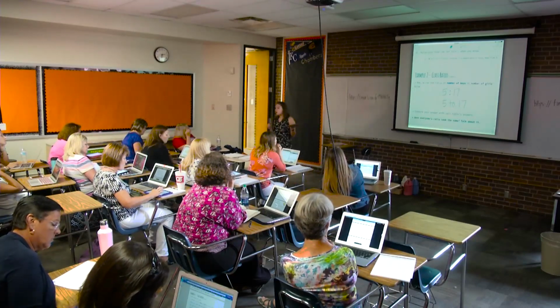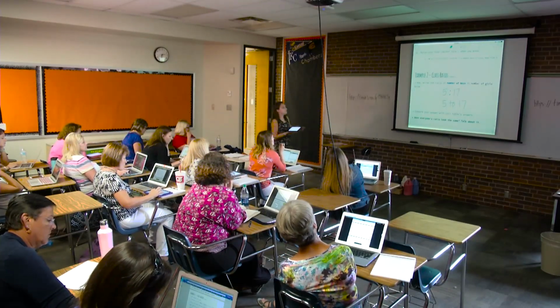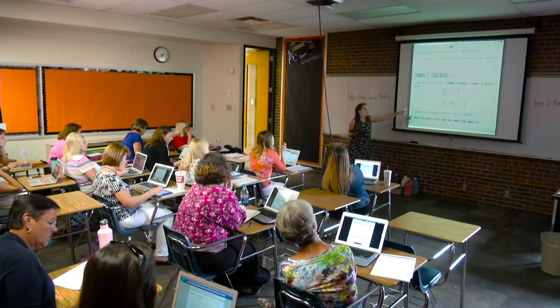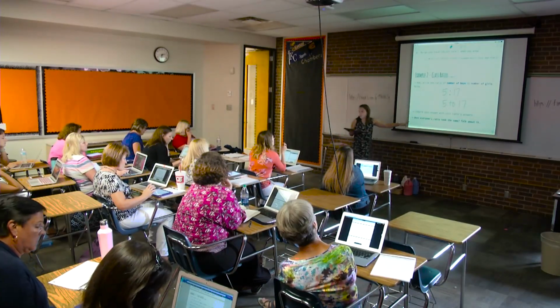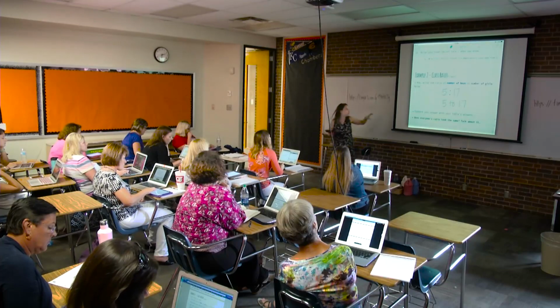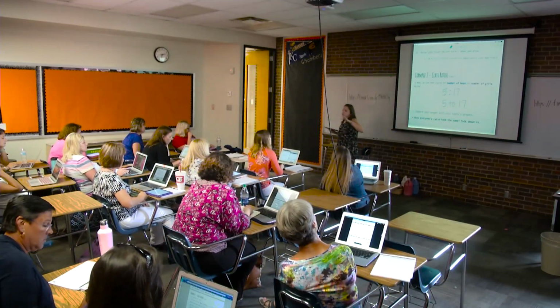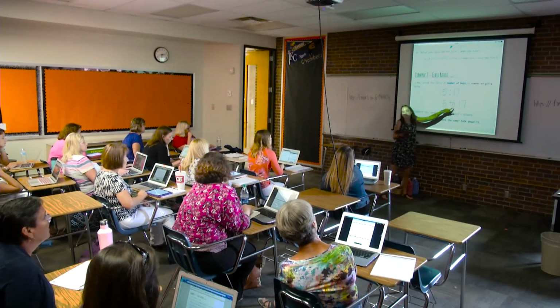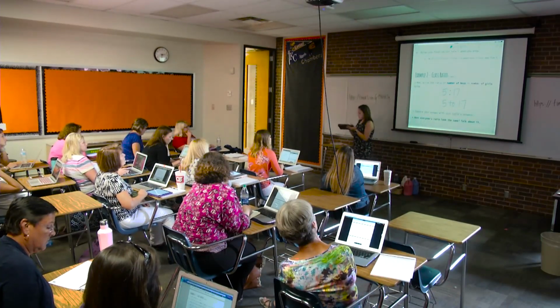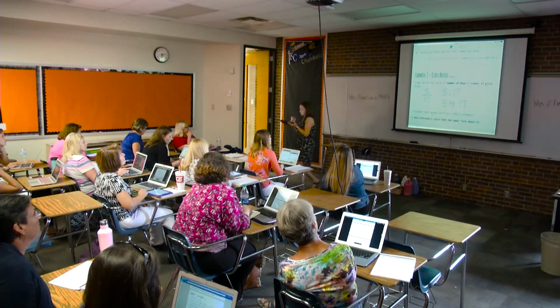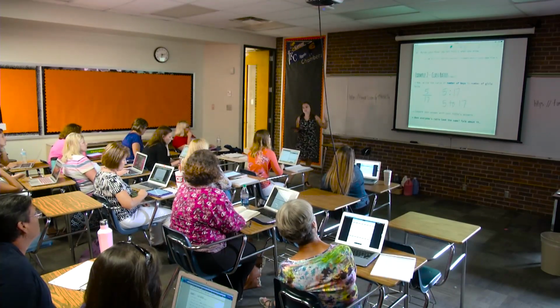I would probably have them write this down on their own and then compare it with the rest of their table. You probably will have students who write it as 5 to 17 with a colon, other students who write it as 5 to 17, and other students who write it as a fraction, 5 over 17.